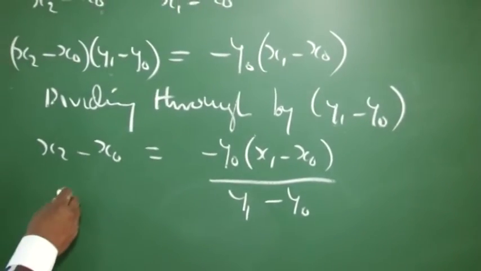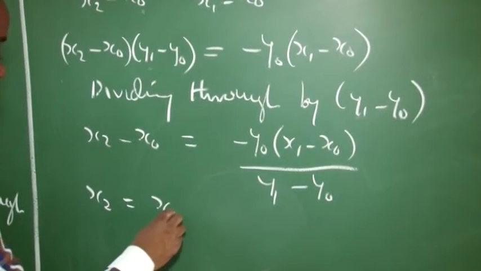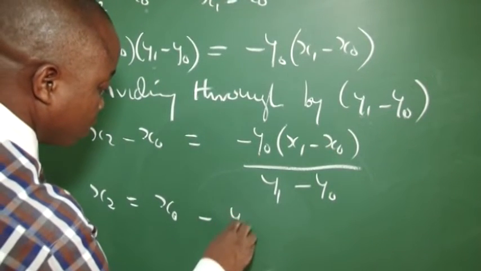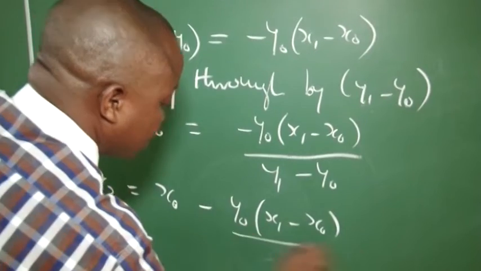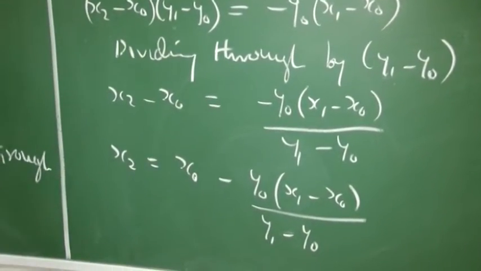Okay. Then x2 will be equal x subscript 0 minus y subscript 0 times x1 minus x subscript 0 over y1 minus y subscript 0.